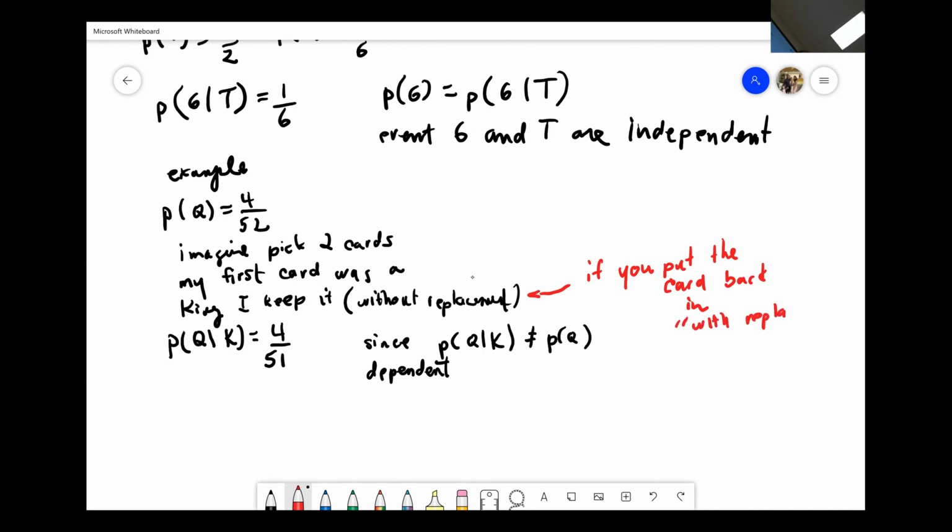The events become independent. When you have that, the probability of queen given king is 4 out of 52. So in that case, the probability of queen given king equals the probability of queen. Good? Make sense? Okay.